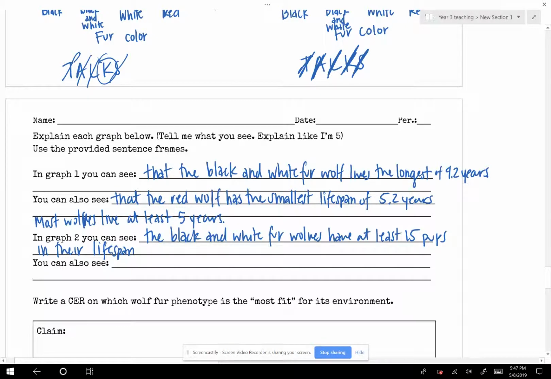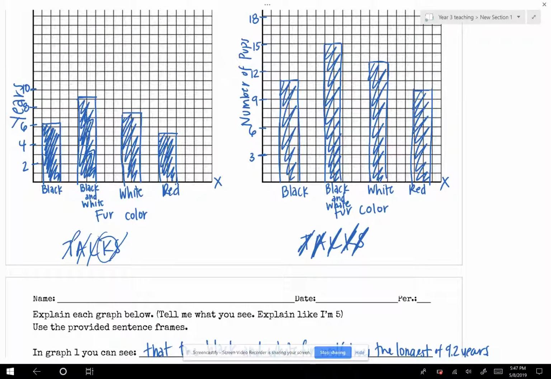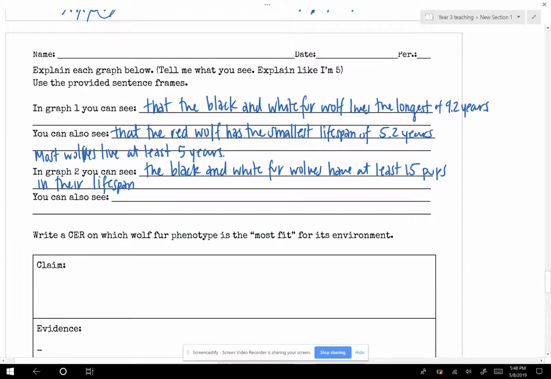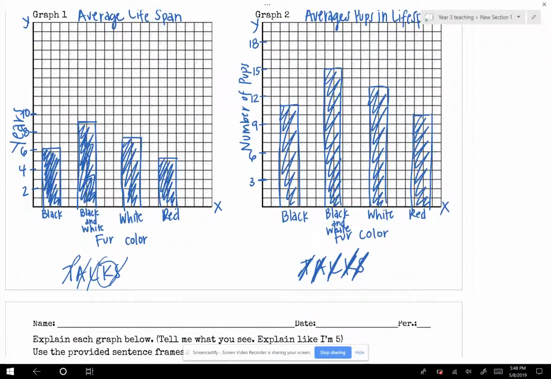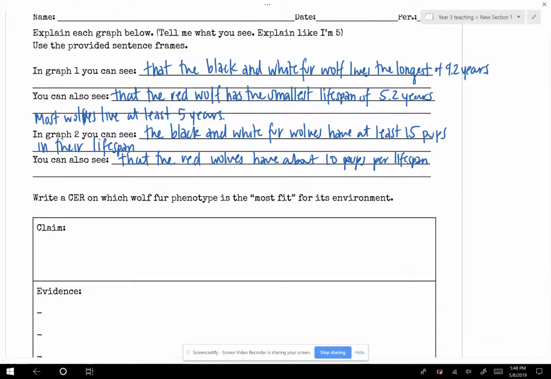You can also see that the red wolves have about 10 pups per lifespan. And then you can also say that most wolves have at least 10 pups.